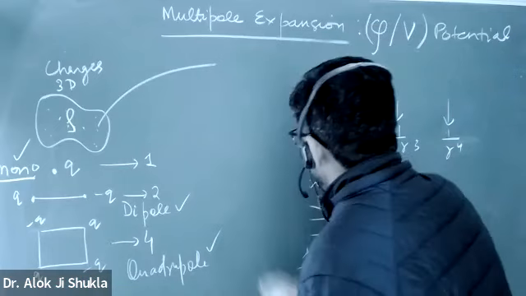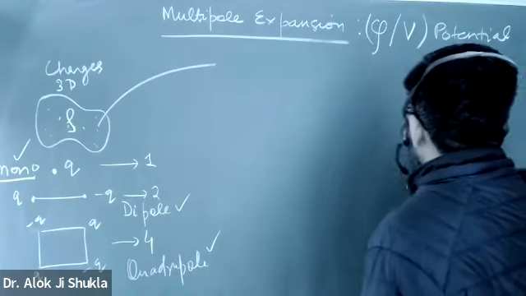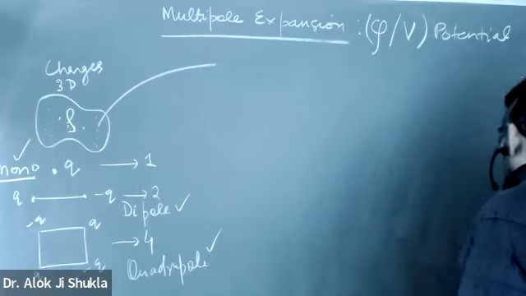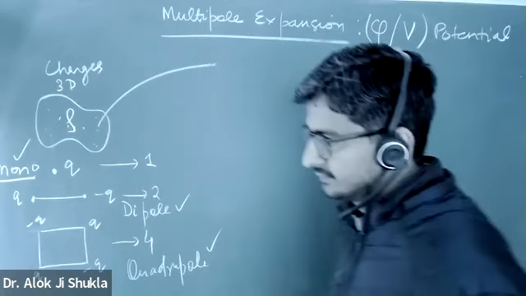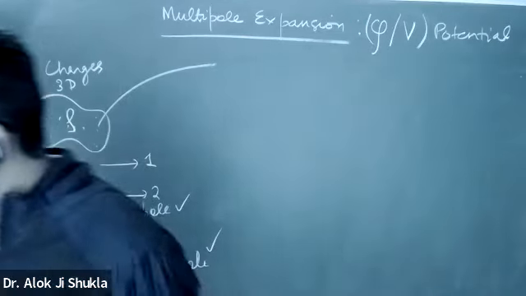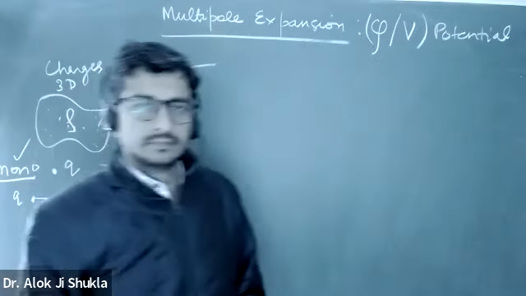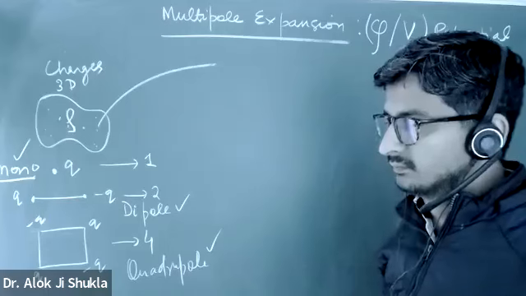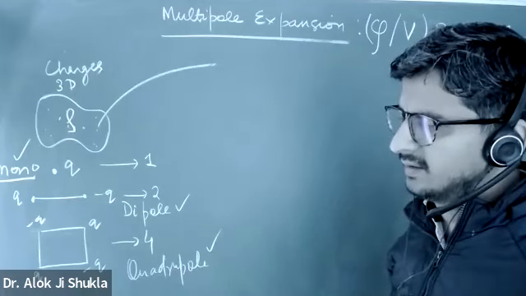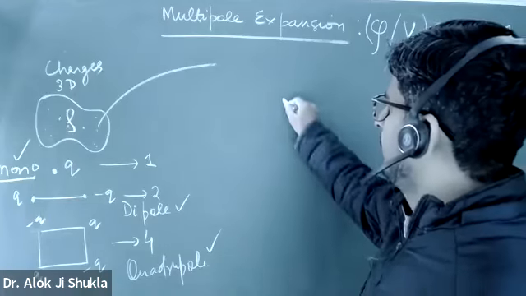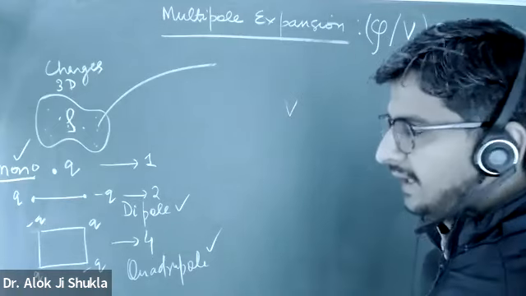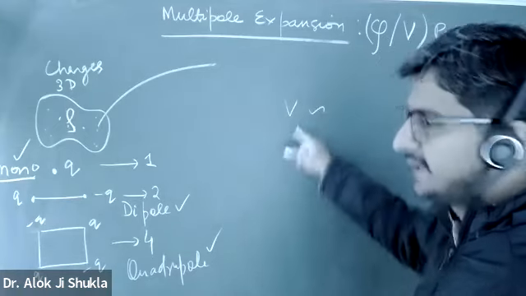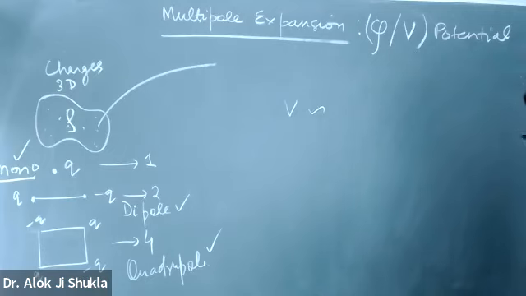So if you calculated monopole and that became 0, what is the dependence of potential? Tell me. If you calculated monopole and that is 0, what is the dependence of potential for that system?